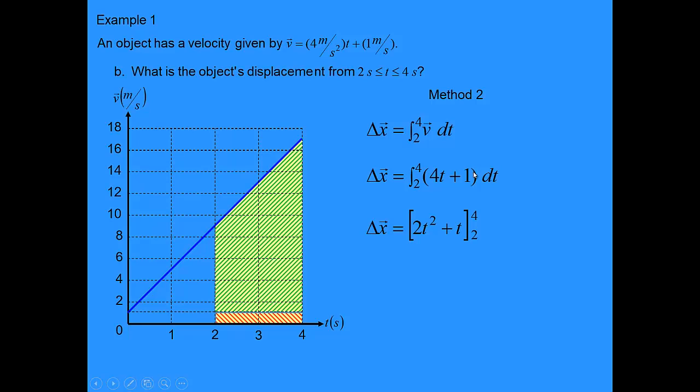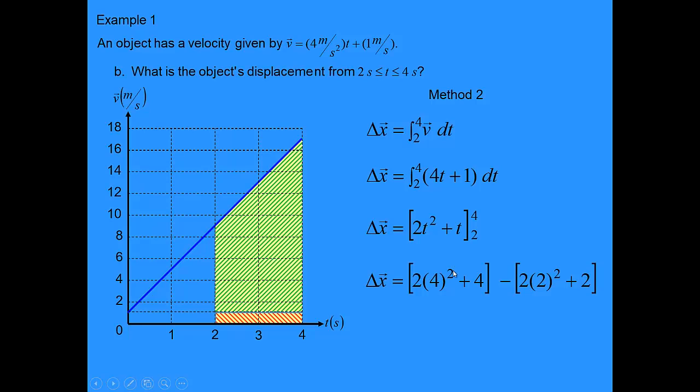Add 1 to the exponent, divide by the new exponent, or just make it a t because that's a constant. So now, to find this, we just have to evaluate it at the upper limit, 4, and then subtract off, evaluating it at the lower limit, 2. And don't forget that this is a subtraction, right? You're finding the big area and subtracting off the little area to get the area in between.